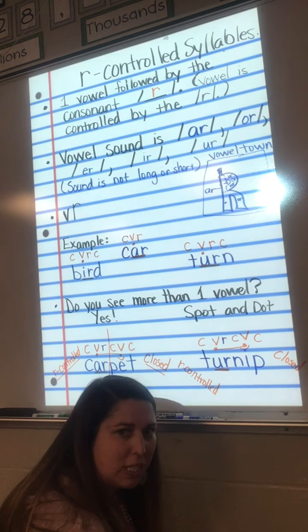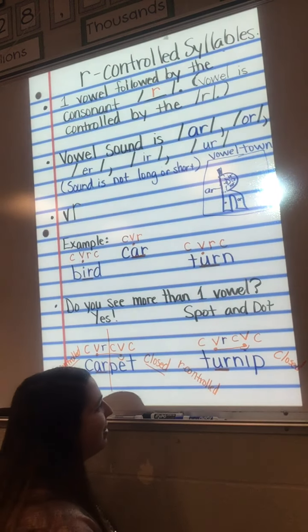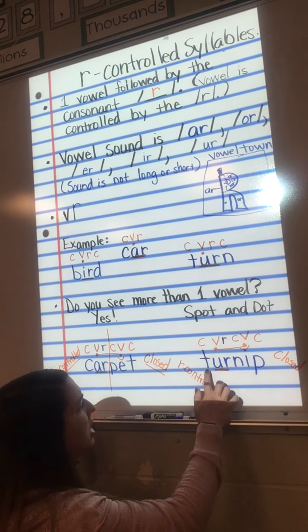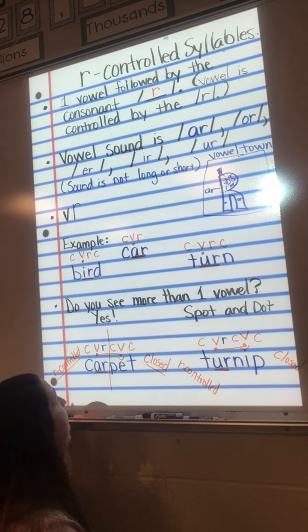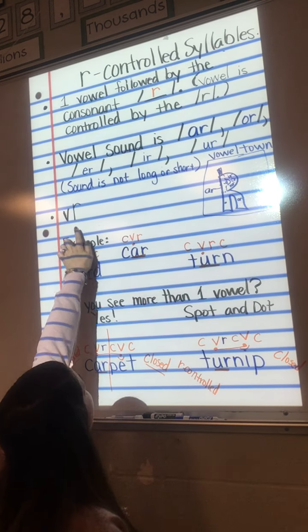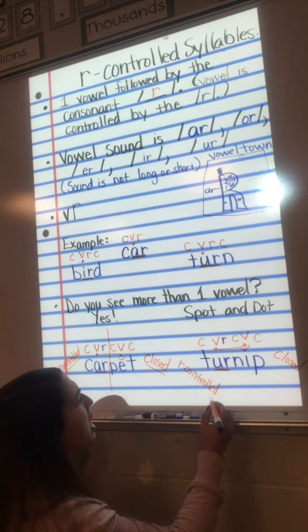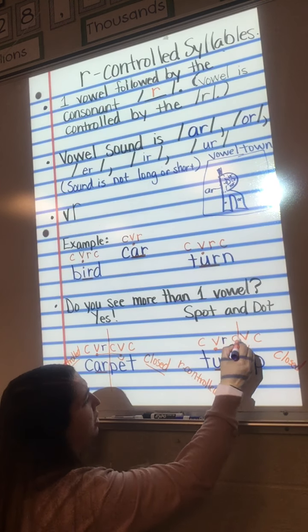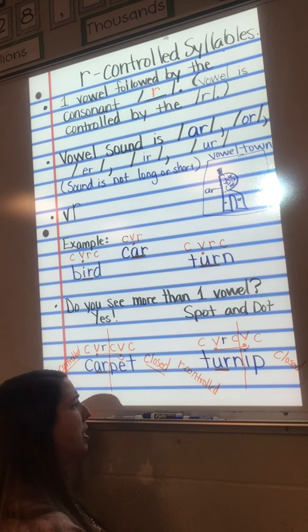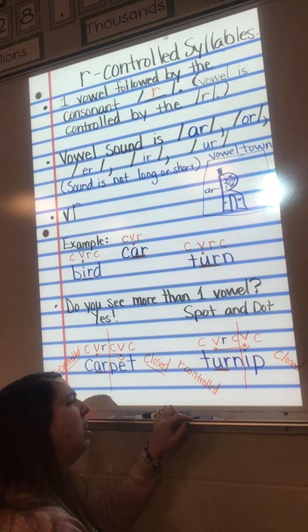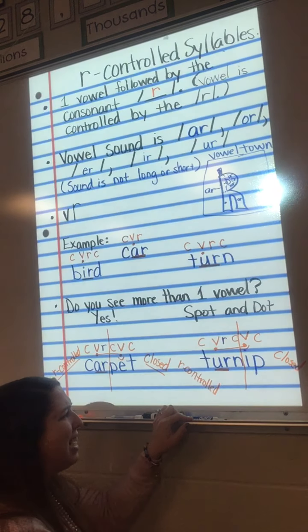Okay, so I've identified my syllables. How many syllables is that? 2, that's correct. All right, so let's see, but where do I divide it at? Well, this is a VR pattern. I wonder if it ends after the R. But maybe I'm going to do this because I know that this is a word. Turn-ip, turn-ip. Huh, that doesn't sound right.